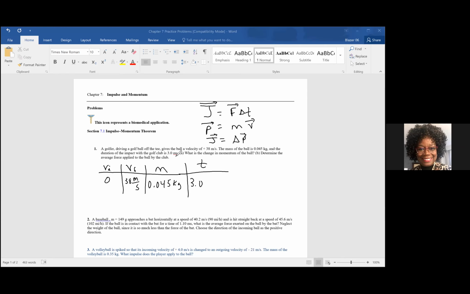Someone go into chat real quickly and tell me, what am I going to put here for this m? What does that lowercase m stand for? Go into chat and give me the value for lowercase m.